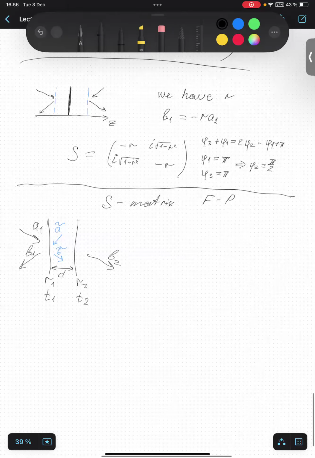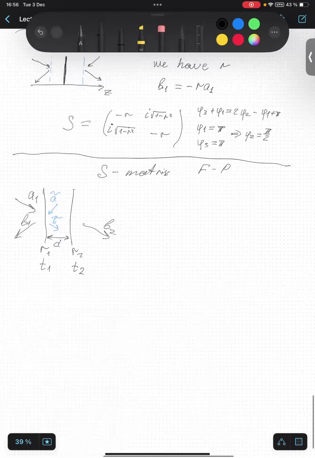Our wave is transmitted through the first mirror, and then it travels inside the resonator. It reflects from the first mirror, from the second mirror, then goes back to the first mirror, and then again reflects, and so on and so forth. So to find it, we should know these fields inside the resonator. So let's try to find it.